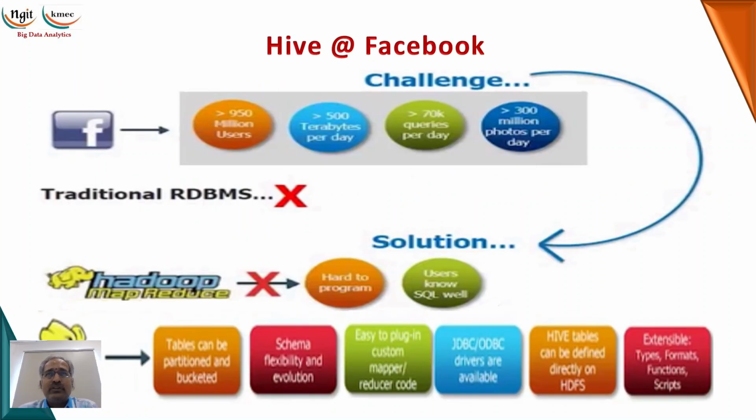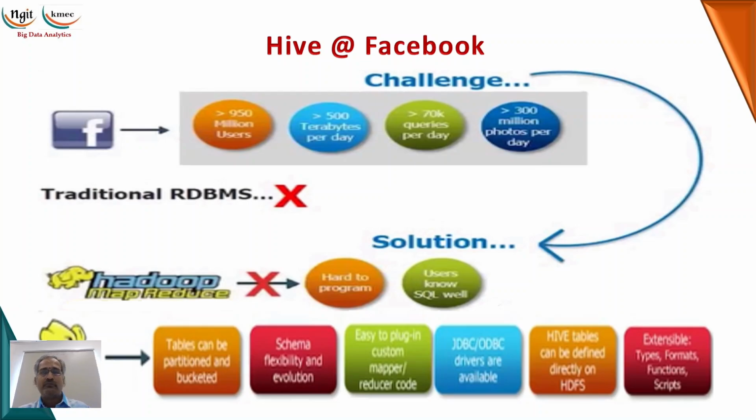Hive was designed by Facebook only, and they faced many challenges, like handling the large amount of data. Also, if you want to write programs on the large amount of data, MapReduce programming is very complex.